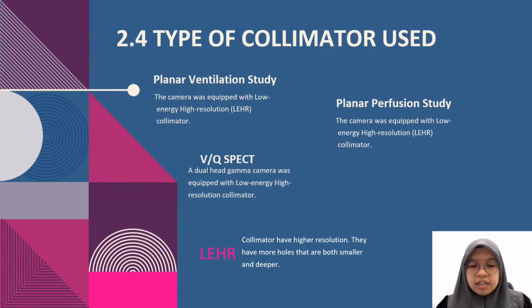So the SPECT procedure uses a dual head gamma camera but still uses the low energy high resolution collimator. All three types of this procedure use the same type of collimator.